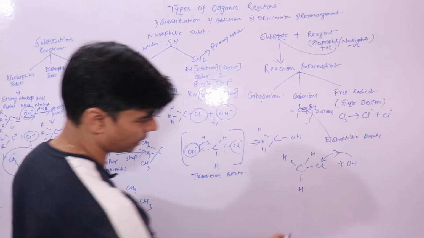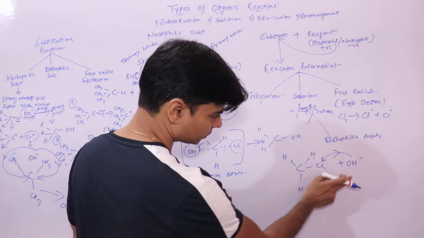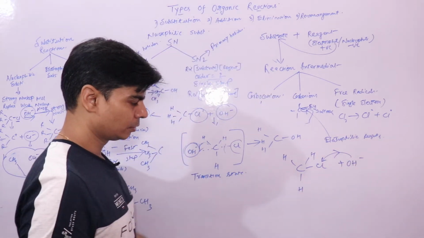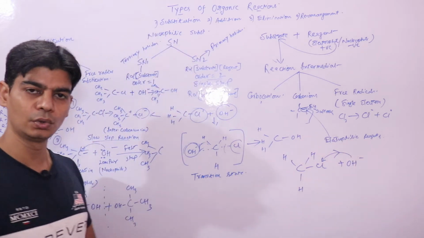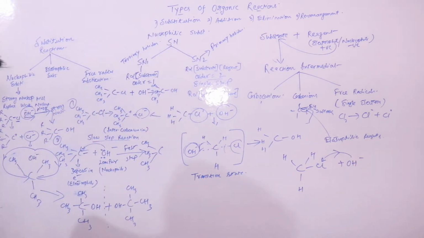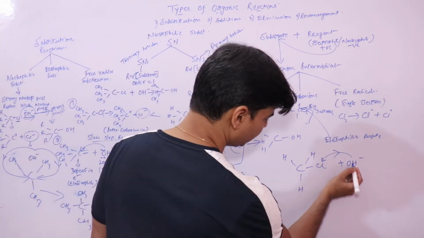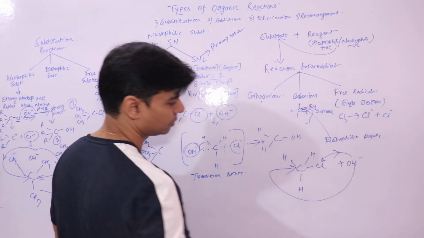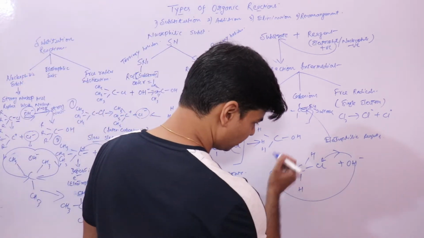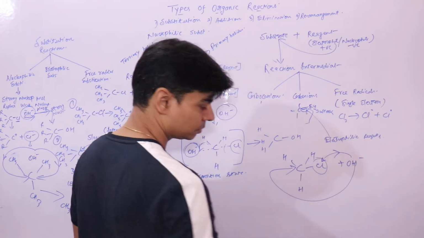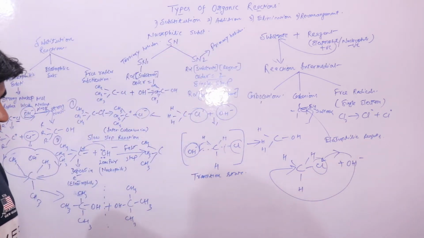So this OH ion will approach this carbon atom from the side far away from the already present nucleophile. So this OH will approach from the back side, far away from the Cl.